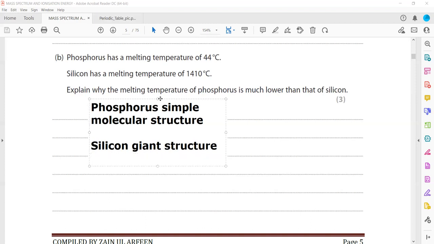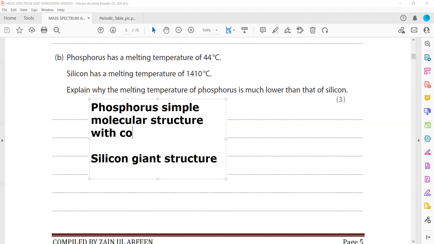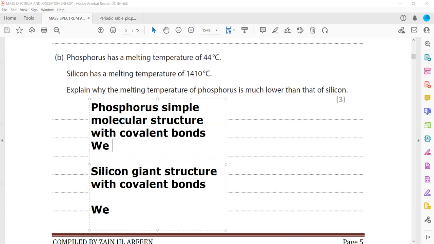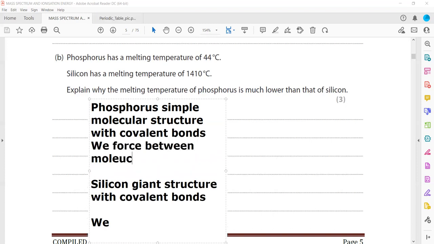Both have covalent bonds, because these are non-metals and non-metals have covalent bonds. Phosphorus has weak force between the molecules, known as van der Waals force.